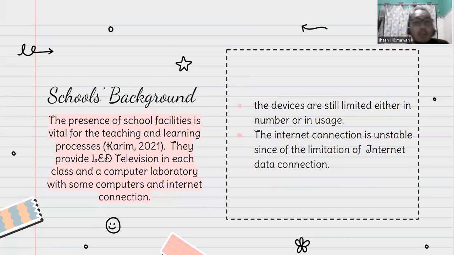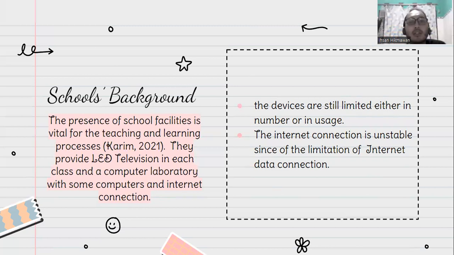Okay, if you look at the school background, the school needs to provide some facilities to succeed in learning activities, because, as stated by Karim, the presence of school facilities is vital for the teaching and learning process. And this school has provided some facilities such as LED televisions in its classes, a computer lab with some computers, and internet connections too.